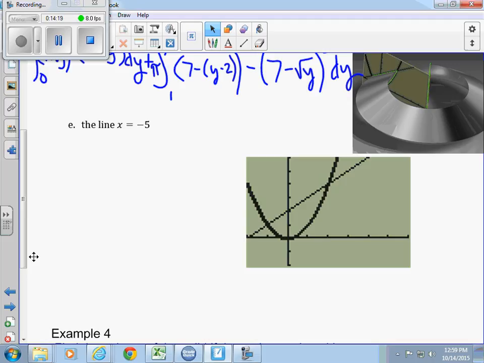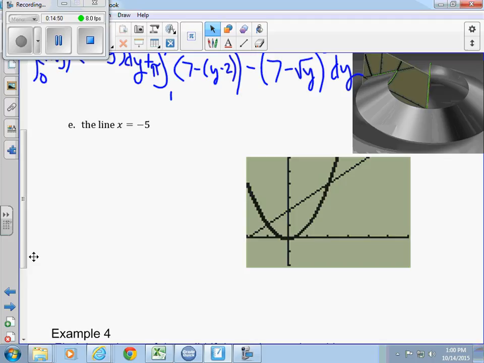That would be from here to here. So yeah, I'm kind of lost on that part. We'll draw it. What is the equation?